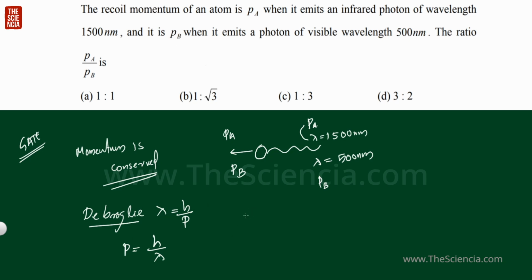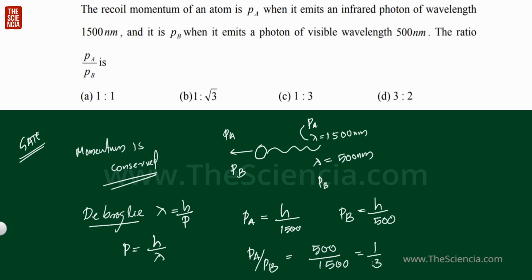So I can make two equations: PA is equal to h by 1500 and PB is equal to h by 500. The question is to find the ratio PA by PB. That is equal to 500 by 1500, that is equal to 1 by 3. So the ratio of PA by PB is 1:3. That is option C.